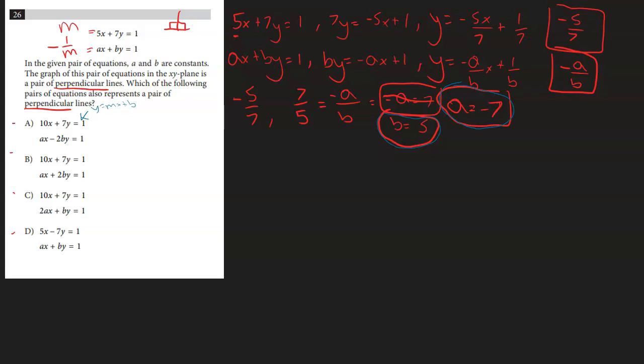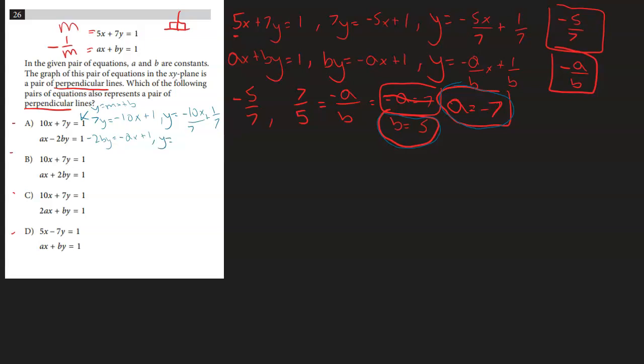The way we do that is by what we did earlier, where we know 7y equals negative 10x plus 1. And so y is going to equal negative 10x over 7 plus 1/7.